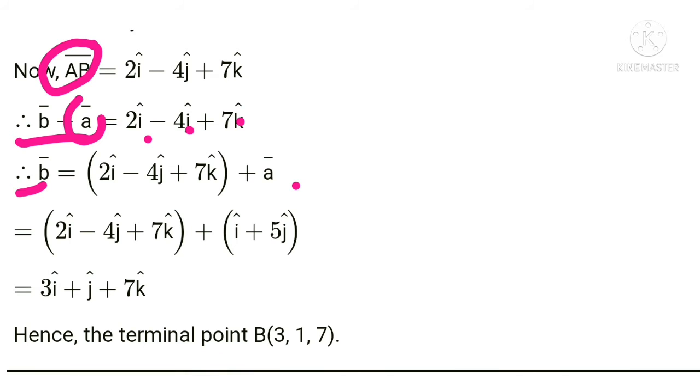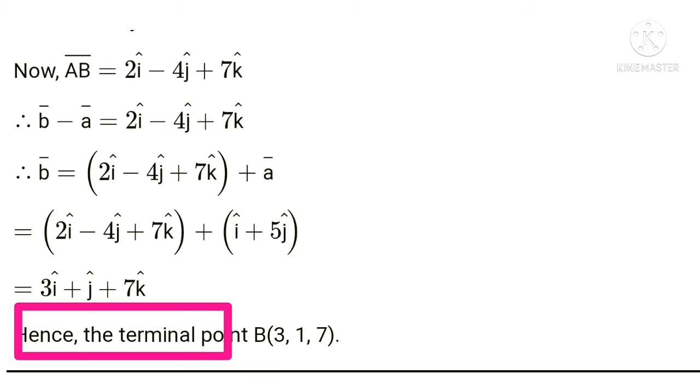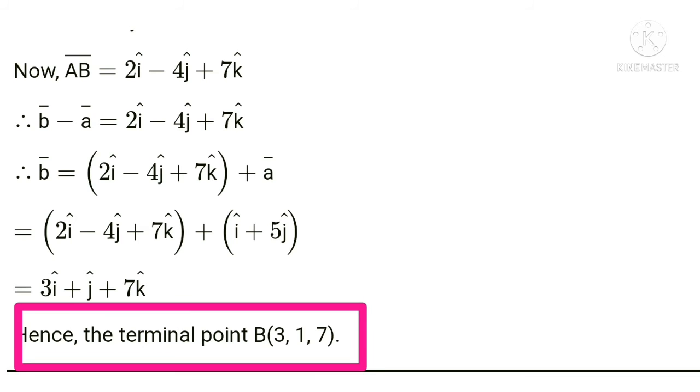Put the value of A bar and then you add: 2I cap plus I cap is 3I cap, minus 4J cap plus 5J cap is J cap, and 7K cap is as it is. Hence we get the terminal point B as 3, 1 and 7. Okay, very easy.